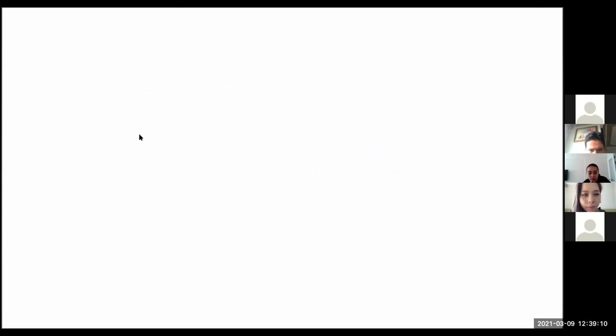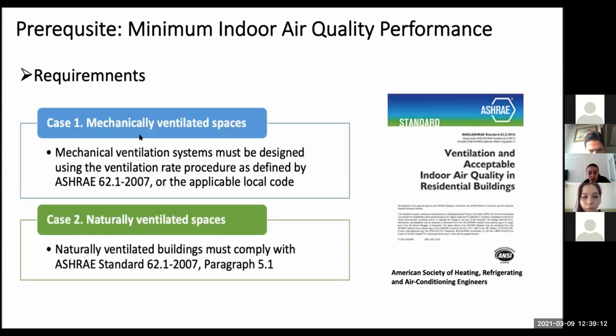Next slide, please. The first prerequisite is minimum indoor air quality performance. There are 2 cases: mechanically ventilated spaces and naturally ventilated spaces. They both should follow the requirements described in ASHRAE 62.1.